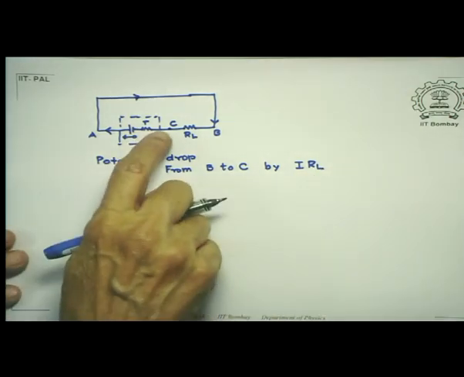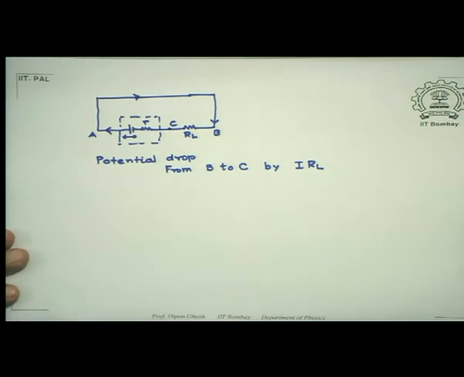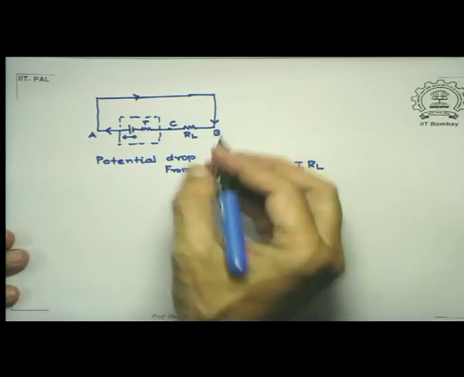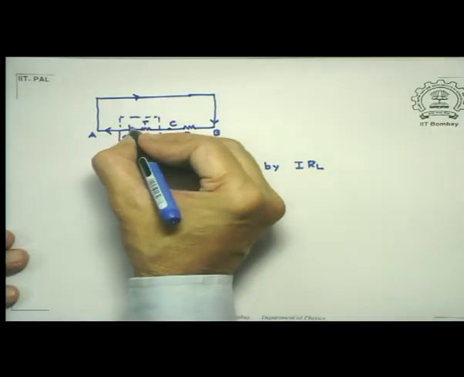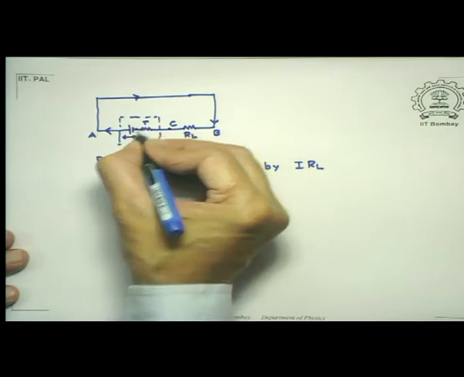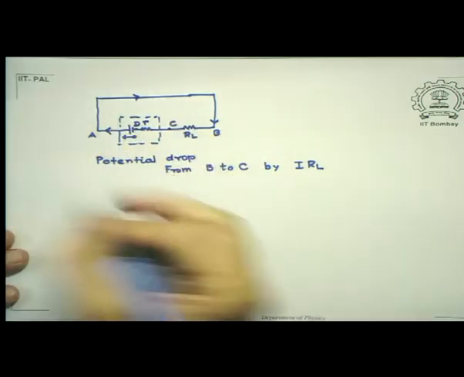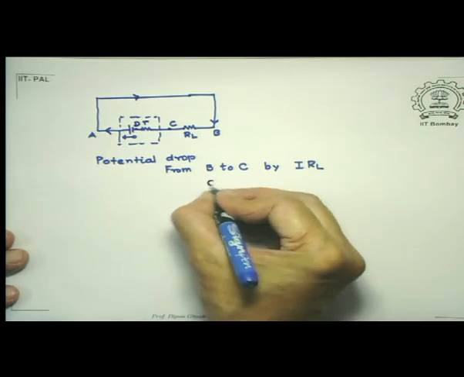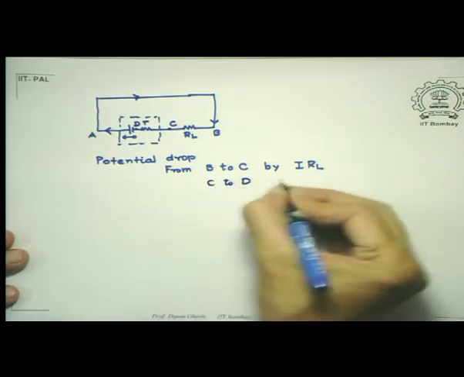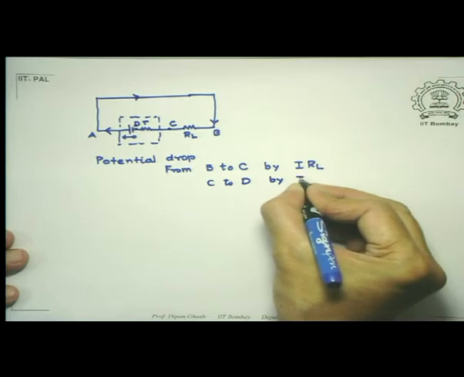Then I get into this part where the source of EMF has also an internal resistance, small r. So, if from C I come to this point, just cross the internal resistance, which is a representation, from C to D, it drops by I times small r.